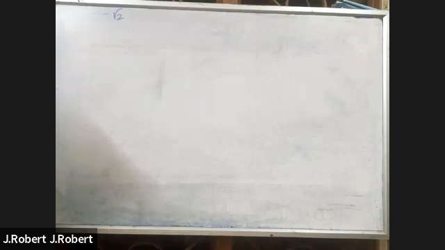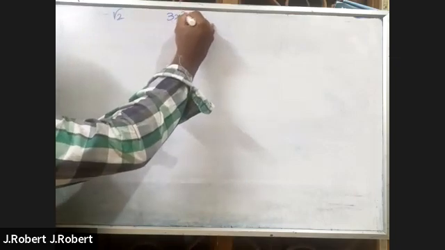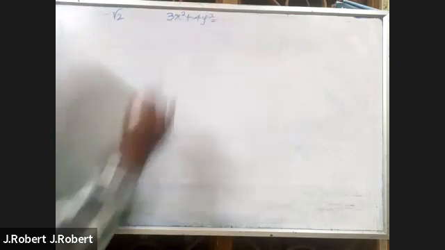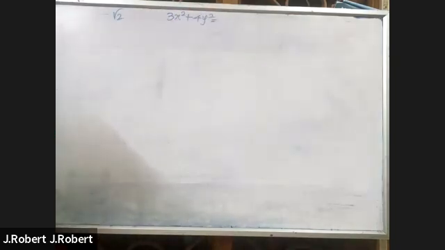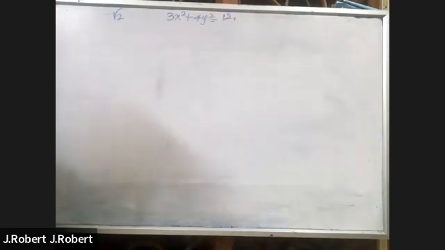Same foci as that of the ellipse 3x squared plus 4y squared is equal to 12. Then this hyperbola does not pass through which of the following points?